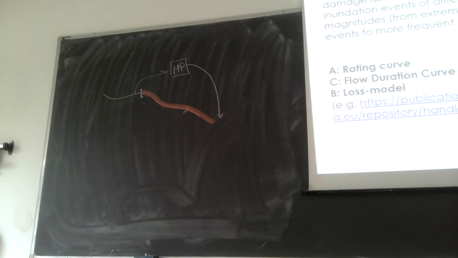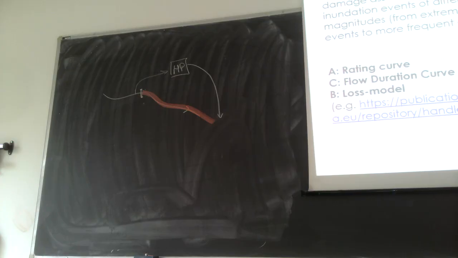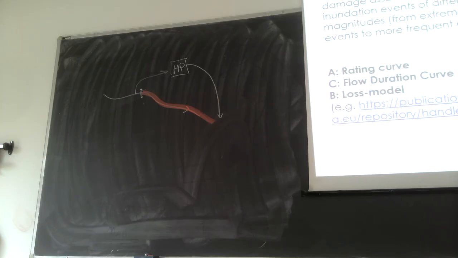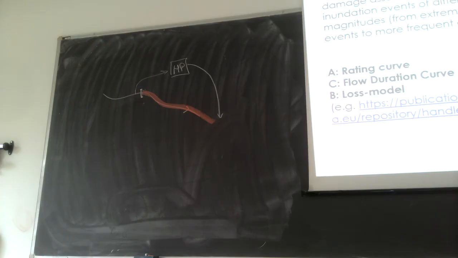Makes sense. So we can associate a given exceedance probability or duration to a stream flow, to a water level, to a damage value. And we can represent then the exceedance probability of the damage. Do you see that?